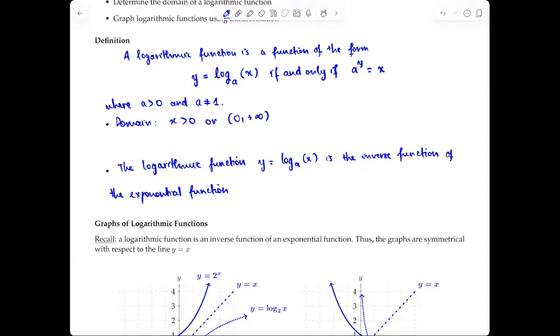In this context, I start out with y equal to log base a of x. If you follow the procedure to obtain the inverse function, the inverse is a to the y equal to x.